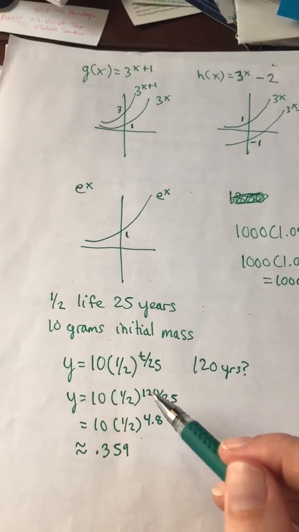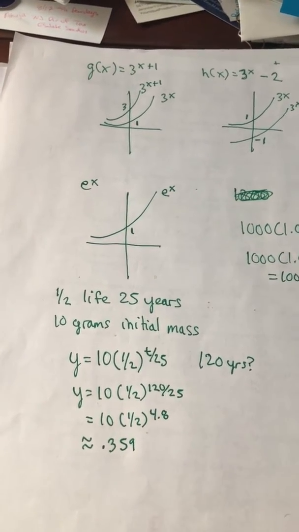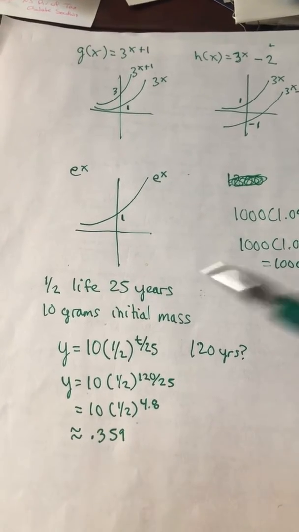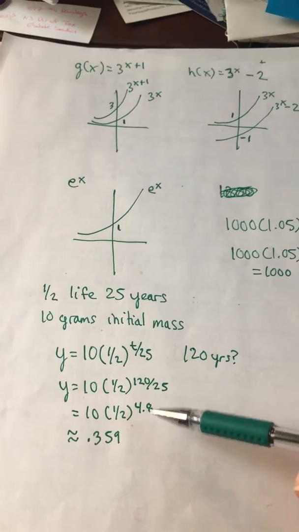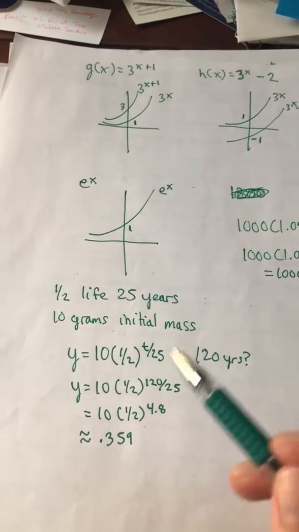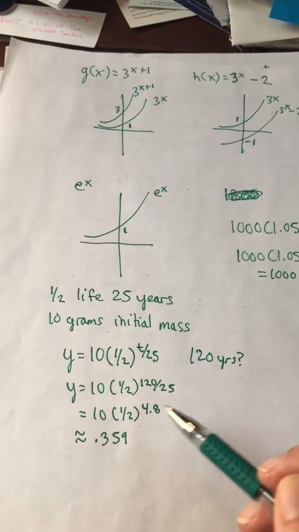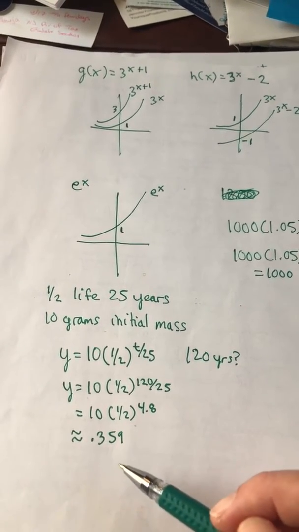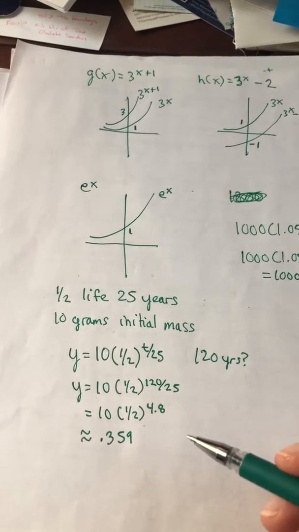So you plug in 120 for t, and you want to do as much as you can before you put it in the calculator. So 120 divided by 25 is 4.8. Again, order is important on these. You're going to raise 1/2 to the 4.8 first, and then multiply that by 10. And you get approximately 0.359 grams left.